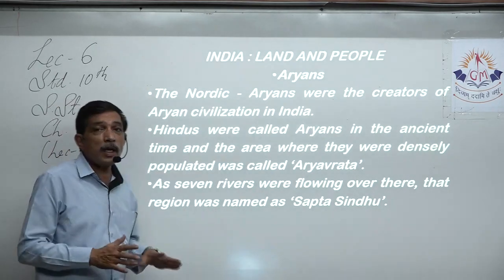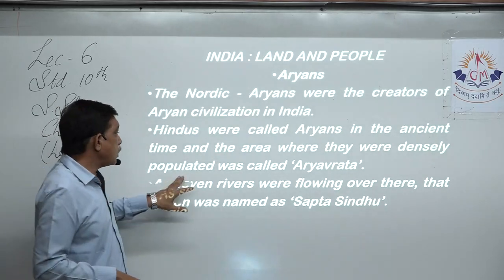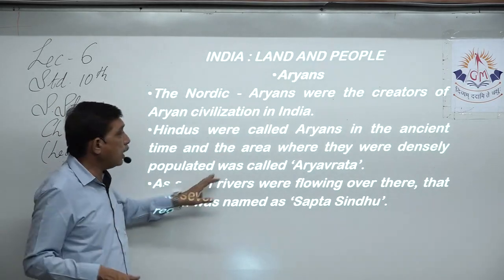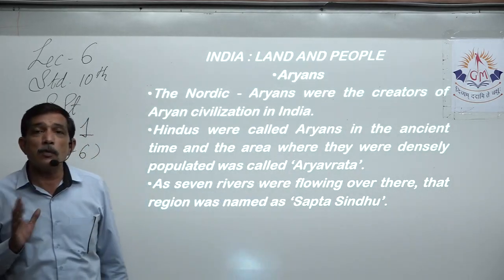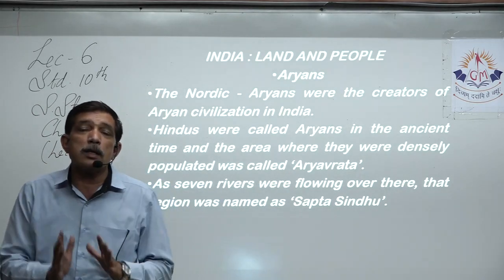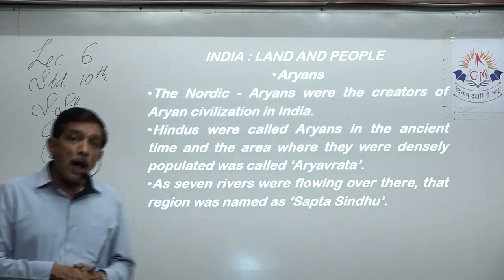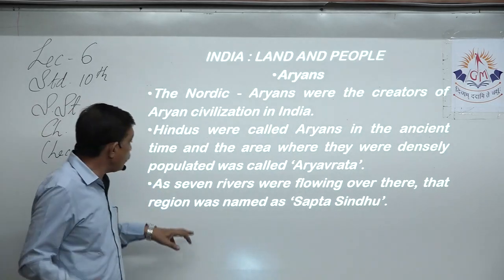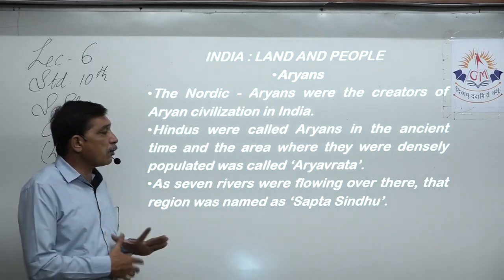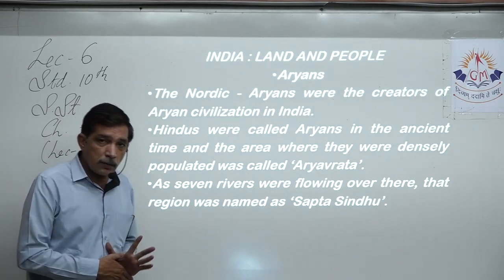The area where they lived densely, that area was known as Aryavarta. Wherever Aryans lived, that region was known as Aryavarta, as seven rivers were flowing over there. Which are the seven rivers?